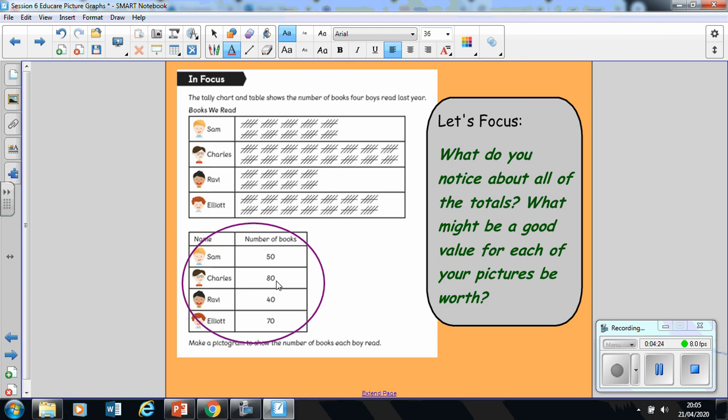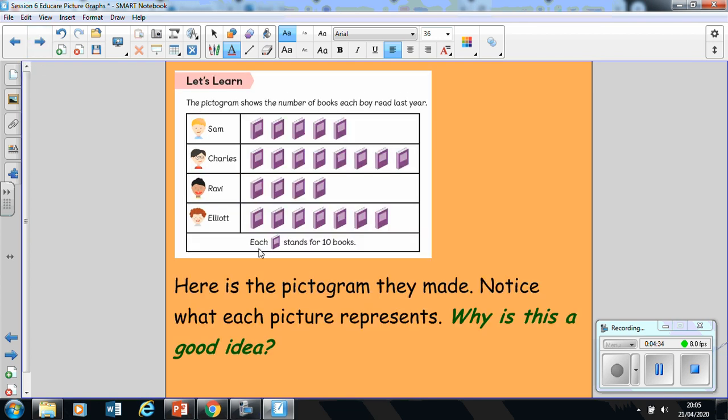So each number ends in a T, a TY. And that's why they thought it was a good idea to use 10 as a value for each symbol, because we know that you can count up in our tens to get to the total.